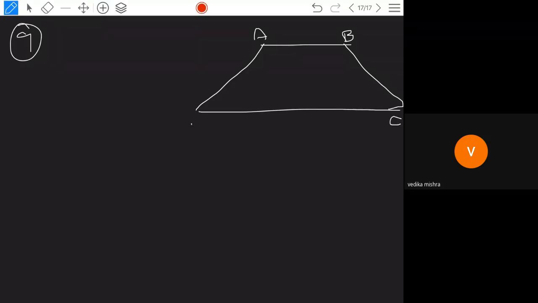Now the question is given that AB is parallel to DC and its diagonals both intersect at a point O. This is one diagonal, this is another diagonal, and both are intersecting at a point O. Show that AO by OC is equal to BO by DO.